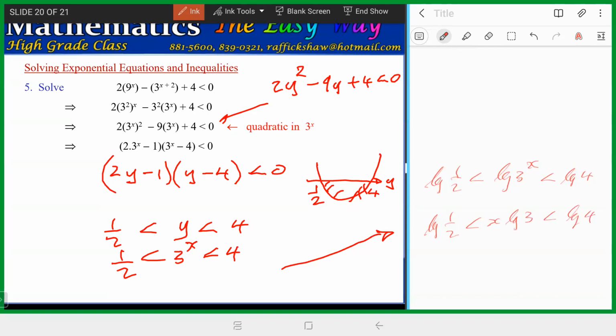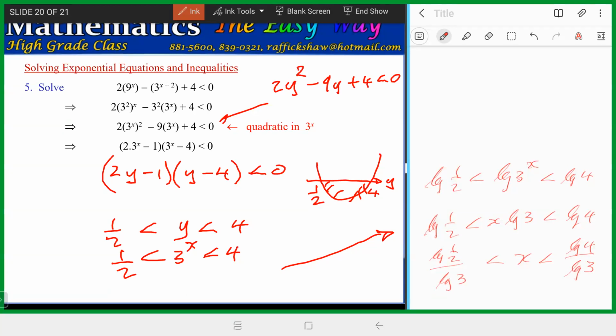And you want to find x, so you divide by the log of 3. And log of 3 is a positive number. So the x then will be greater than the log of a half over the log of 3, and less than the log of 4 over the log of 3. And that becomes your solution.